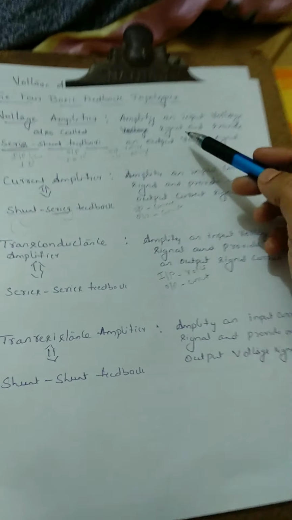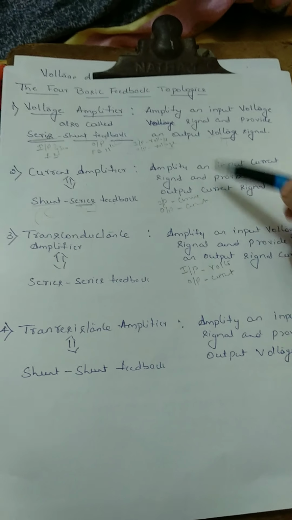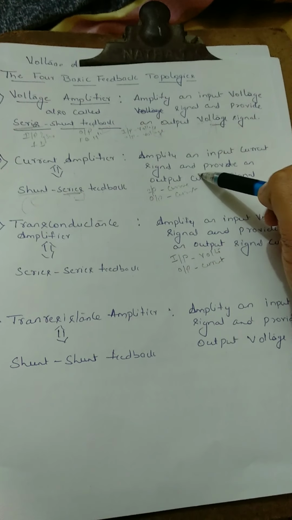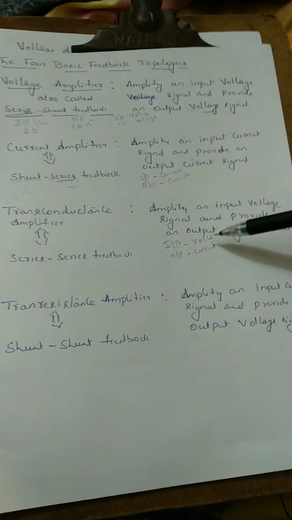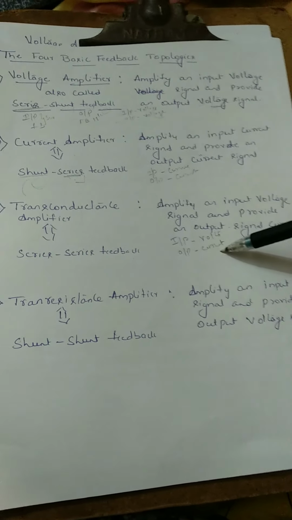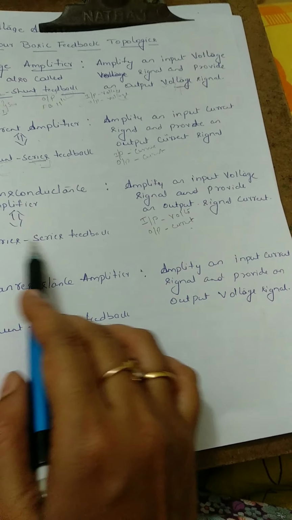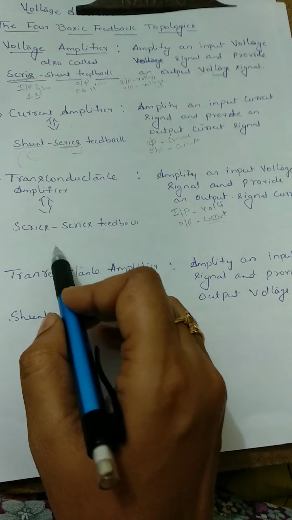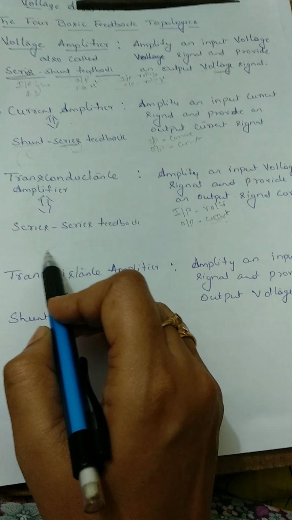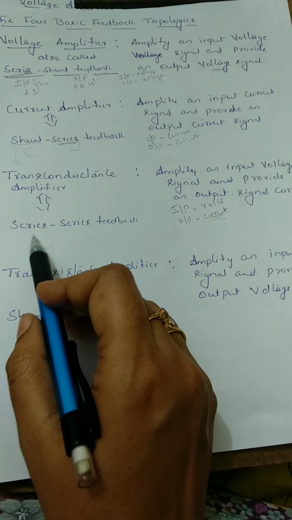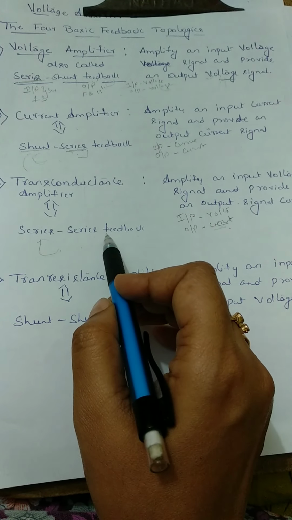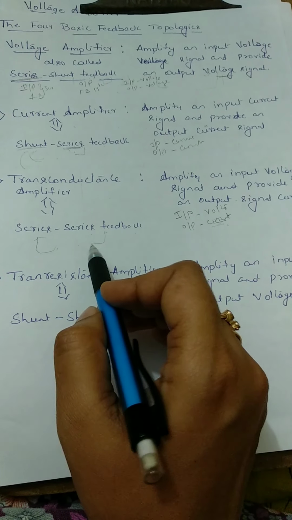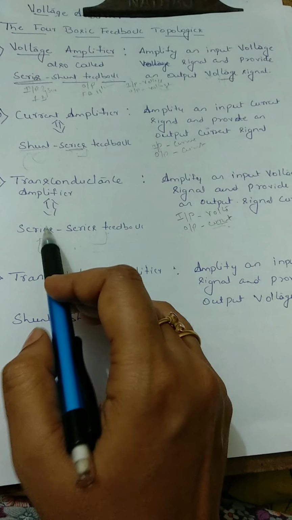Because the output is current, which means the feedback signal is current. The feedback signal is connected in series with the input signal, and the output signal is connected in parallel to the feedback network.